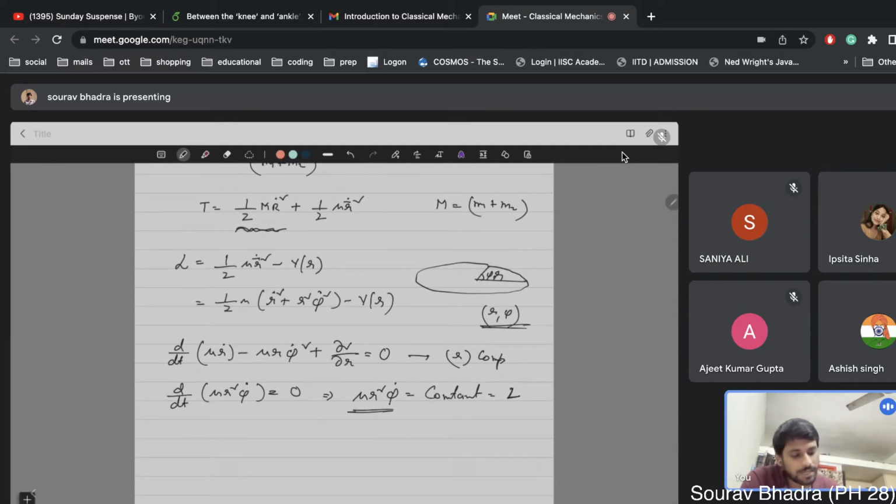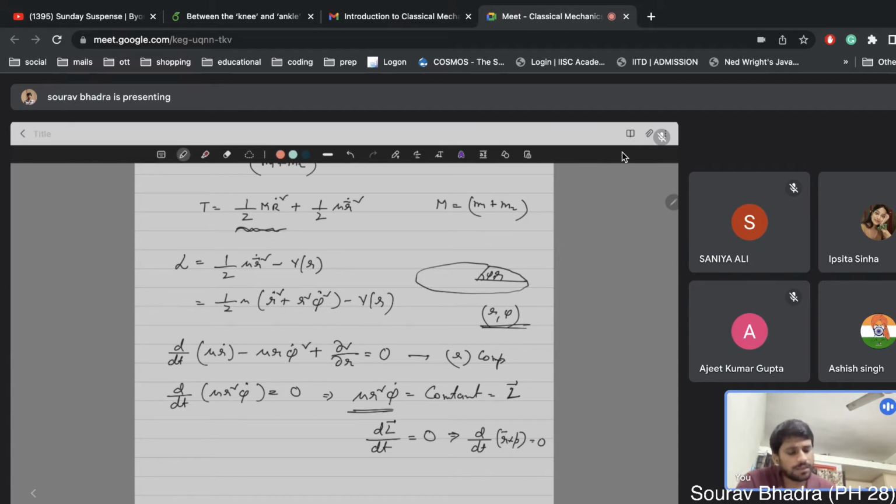So it is saying that L is constant. That means the L vector is constant, that means dL dt equals 0, which tells you that d dt of r cross p is also equal to 0, where r is the radius vector and p is the momentum.